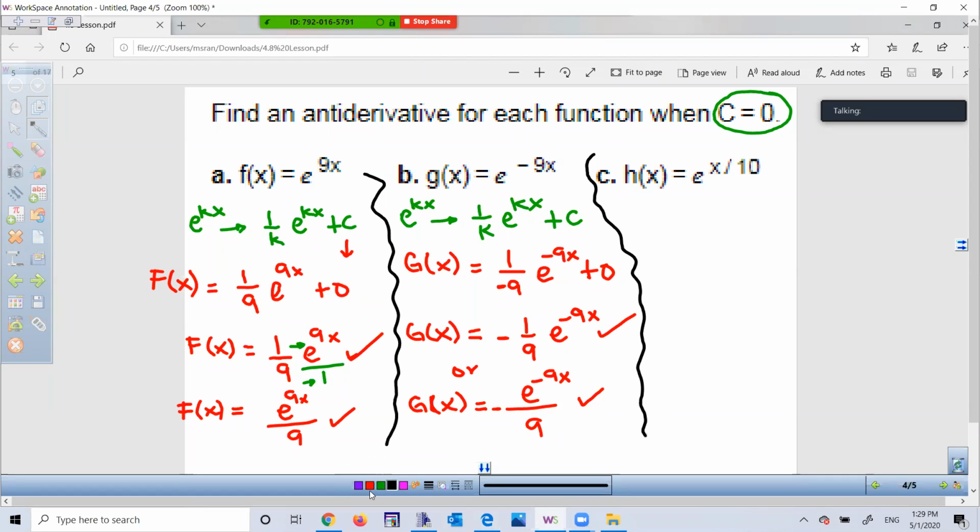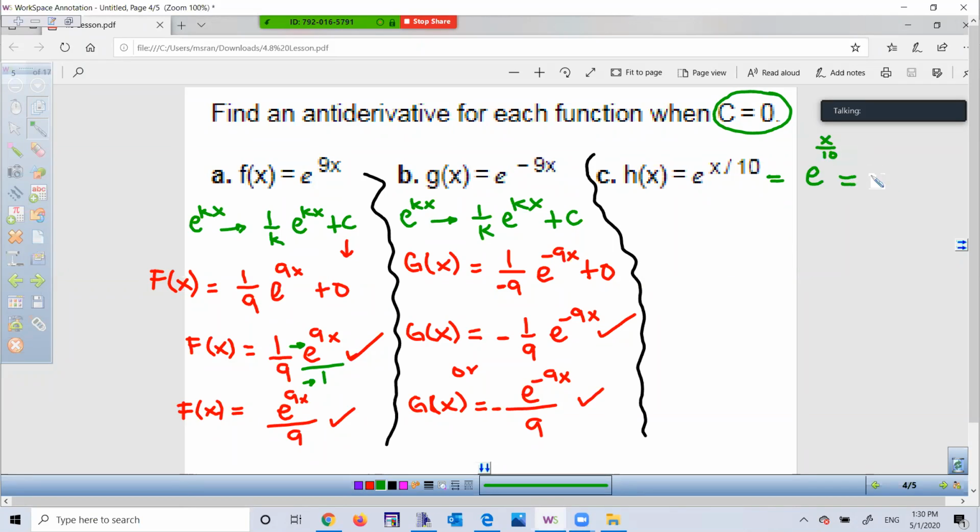For letter C, it's just a different type of thing you may have in the exponent. But it's actually the same thing. The only thing you're going to do here, e raised to x over 10. To write this in a way that you may be able to see it better, my exponent is this fraction, e raised to x over 10.